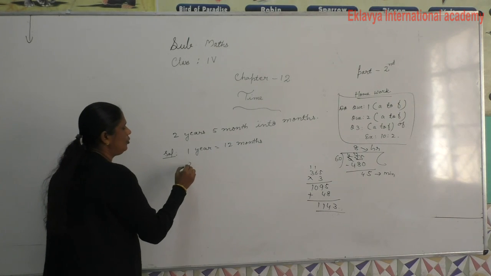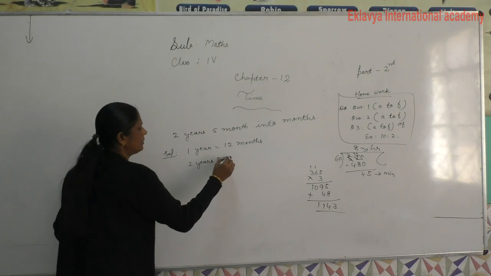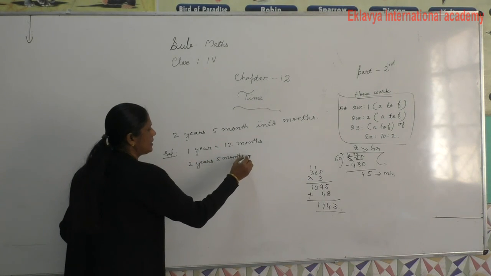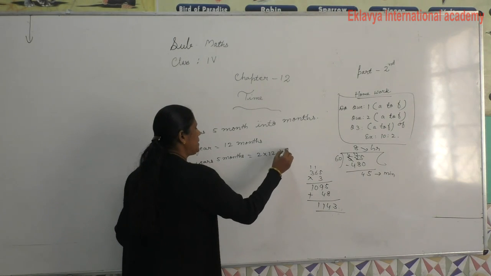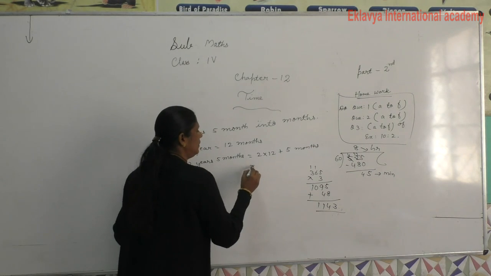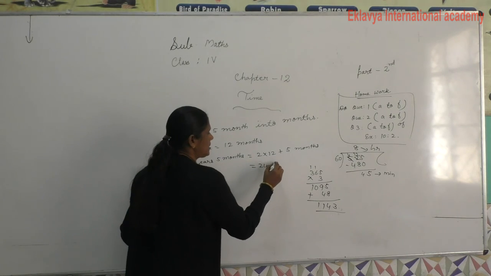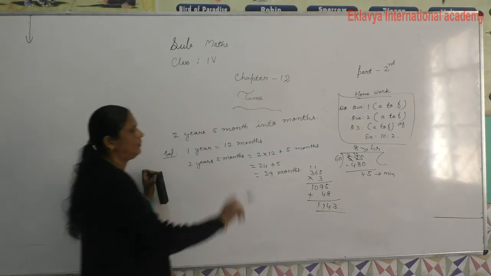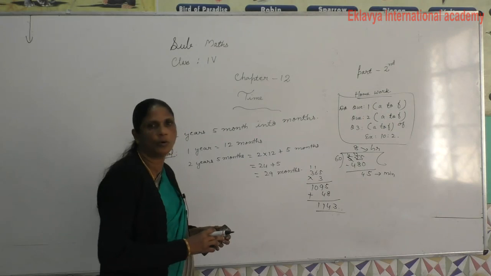Then 2 years 5 months is equal to 2 into 12 plus 5 months. Then 2 twelves are 24, plus 5 is equal to 29 months. You understand this? You do this homework in your notebook. Okay, thank you.